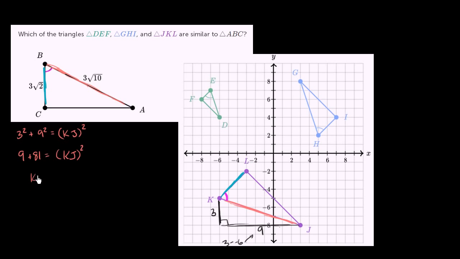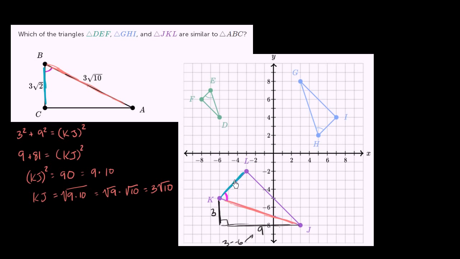So KJ squared is equal to 90, which is the same thing as 9 times 10. And so KJ is the square root of 9 times 10, which is equal to the square root of 9 times the square root of 10, which is equal to 3 square roots of 10. So it's actually the exact same length as BA.